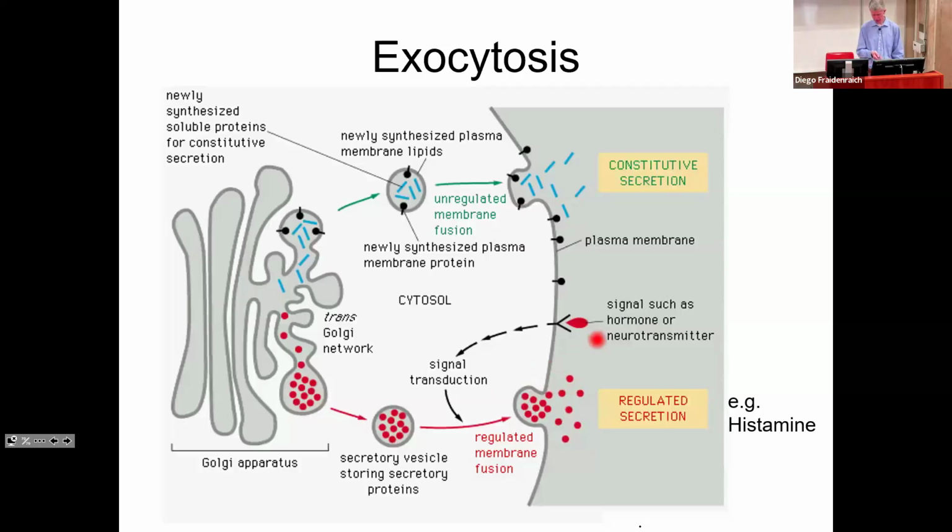This is the case for neurotransmitters and hormones. Histamine would be an example. It's stored in vesicles, and only in an allergic reaction do you see release of histamine into the bloodstream.